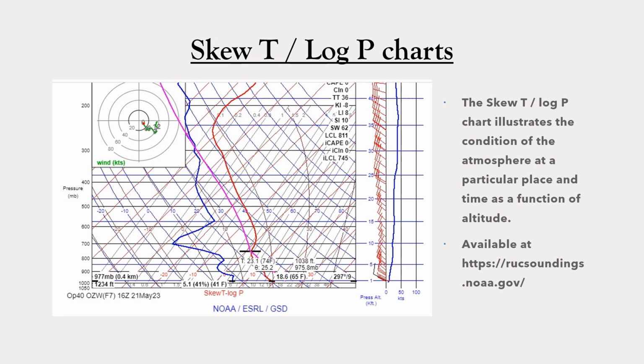The usefulness of this is that when the temperature line is slanted over a lot, that tends to indicate a high temperature lapse rate with altitude, which means unstable air and a good chance of thermals.